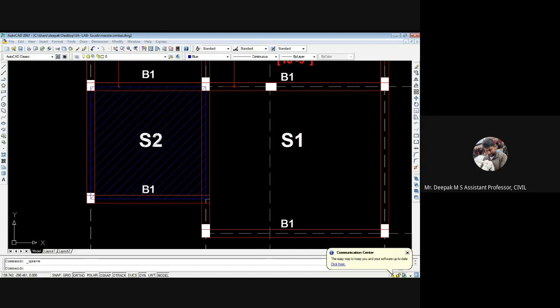We are getting only 32.98. So hence it is less, hence it is safe against deflection, satisfying the serviceability factor.